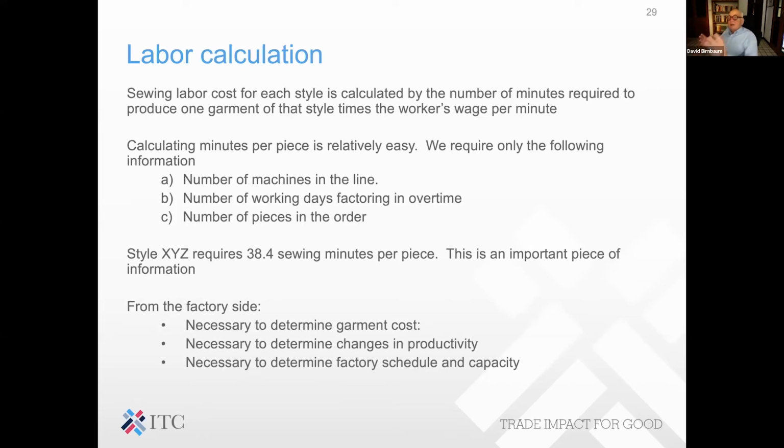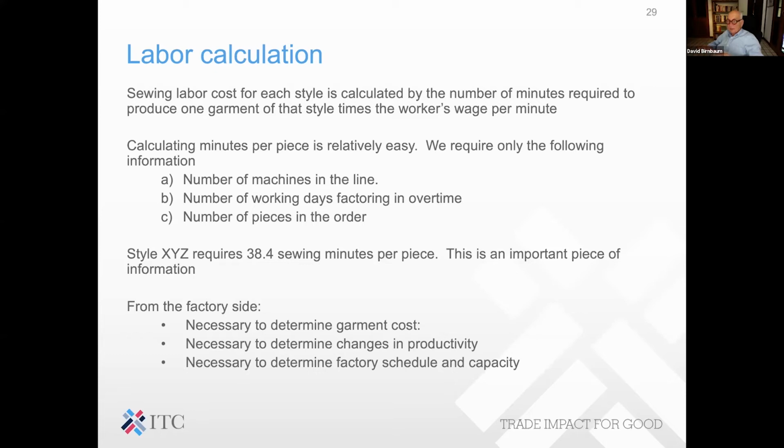Okay, we start off with the sewing department because that's the easiest and most efficient way of getting the answers. You have to bear in mind that in a factory, the sewing is done in a line, which you call an assembly. It can be 20 machines, 40 machines, 80 machines. The line, by its very nature, can only produce one order at a time, only one style at a time.